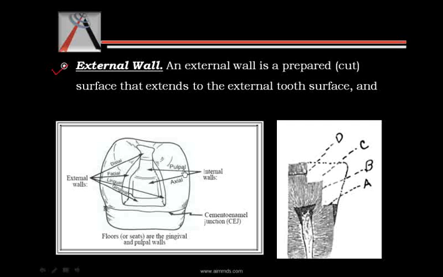For example, if this is our tooth and this side is the lingual side, and here we have the mesial, and this side we have the distal, and here we have the buccal side. In this particular scenario, this wall will be called the mesial wall. This particular wall will be called the lingual. Here this will be called the buccal, and this which is facing on the gingival side will be called the gingival wall.